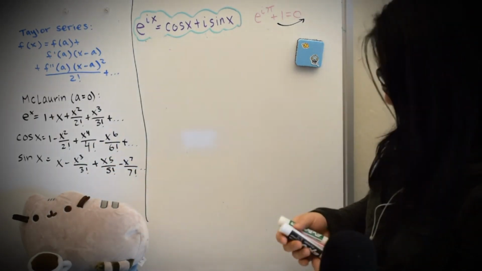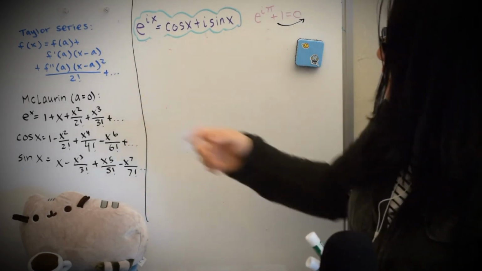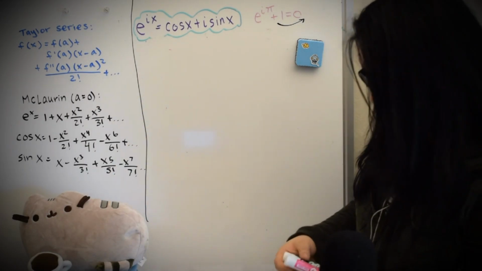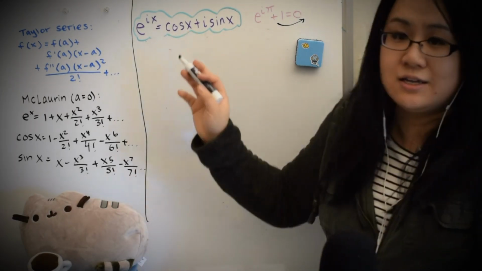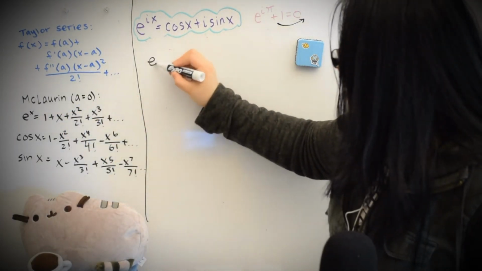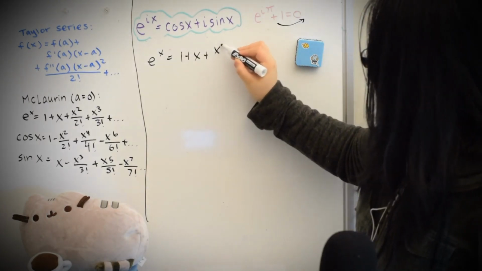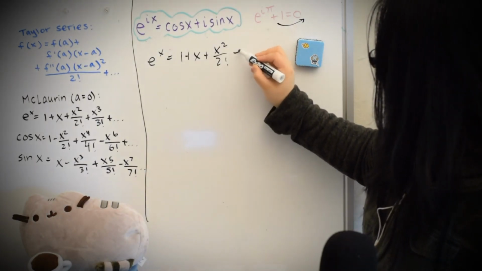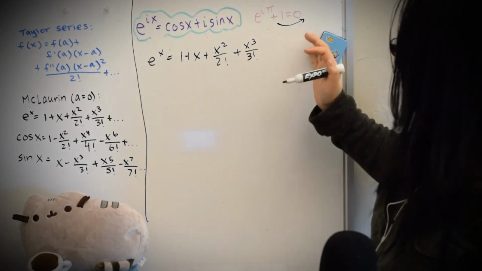So with that, I'm just going to start with this e to the x. I'm going to start on one side. So I have e to the ix, but I'm actually going to start by writing out the one for e to the x. So I'm just copying this part.